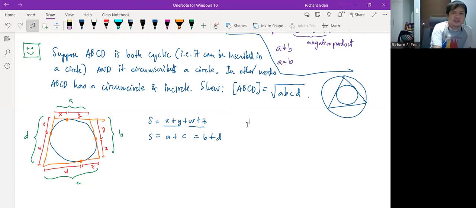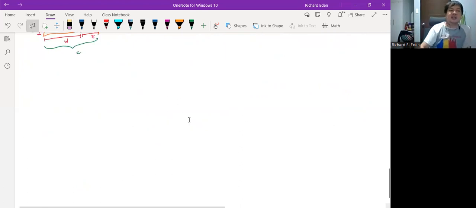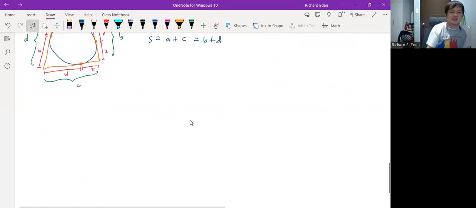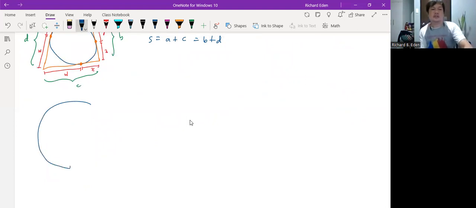So for now, this is about Brahmagupta's formula. This was almost just the example I gave; it's more of proving. Now let's look at other properties. Let's go back to triangles and circles. So we know the law of sines.